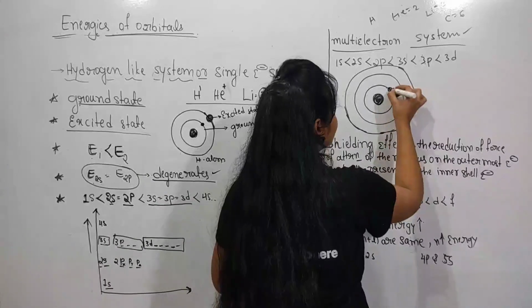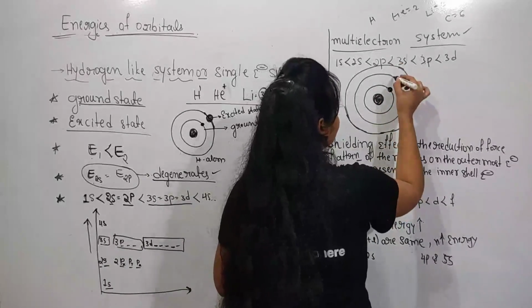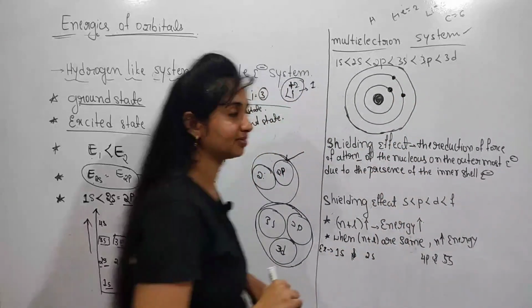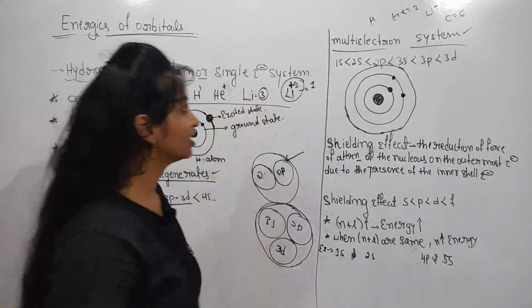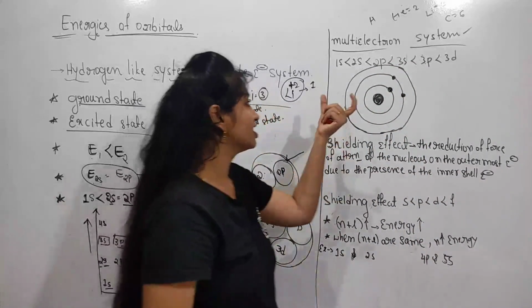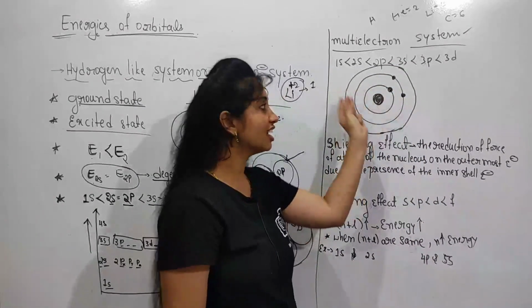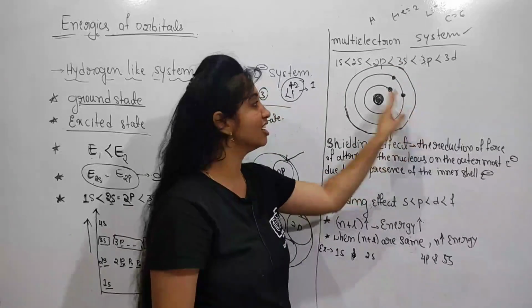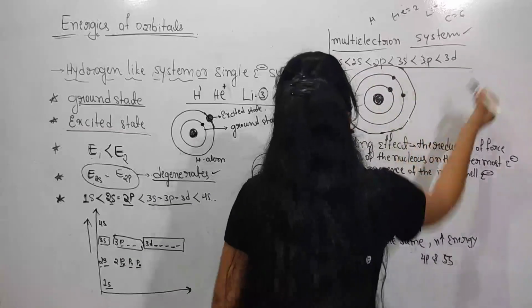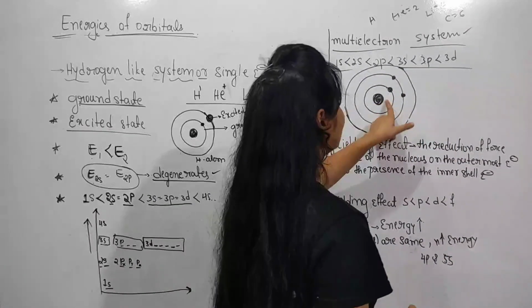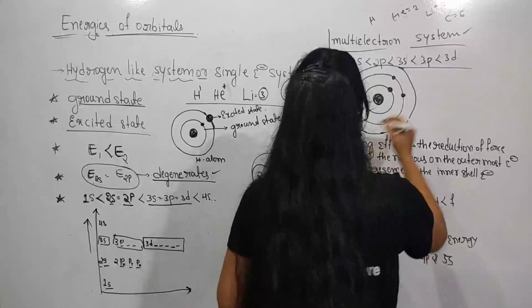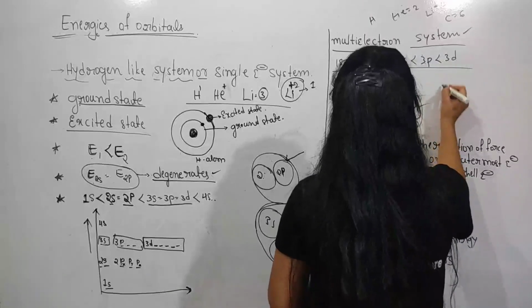We are having 1 electron here and 2 electrons here, like this. So what happens in a multi-electron system? In one shell we have some electrons, in another shell we have some electrons. In this level the energy levels are like this. This is our 1s orbital, this is our 2s orbital, and next this is our 2p orbital.